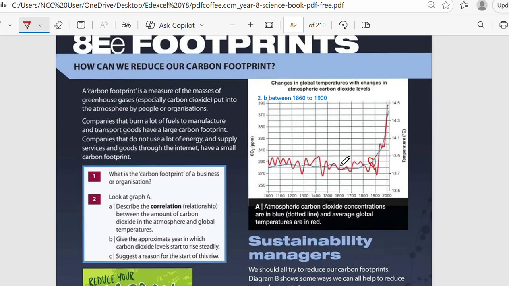Until there it's like in the average, right? But from here onwards it's starting to increase. There you can see a steady rise. So you can say the steady rise you can see is between 1860 and 1900, somewhere in this area.